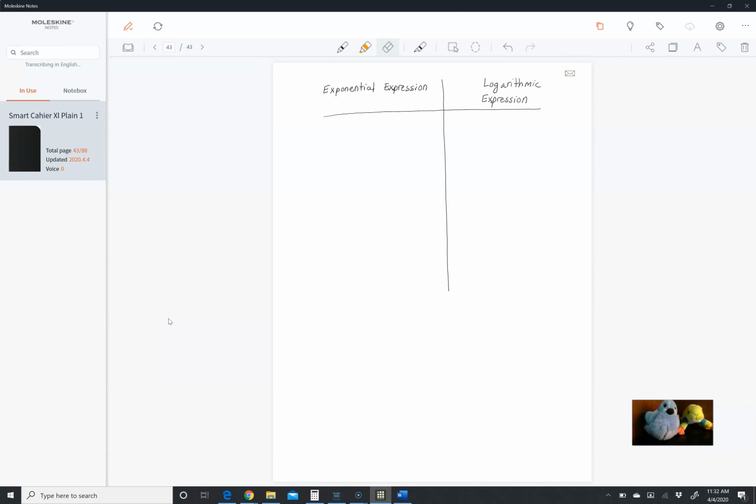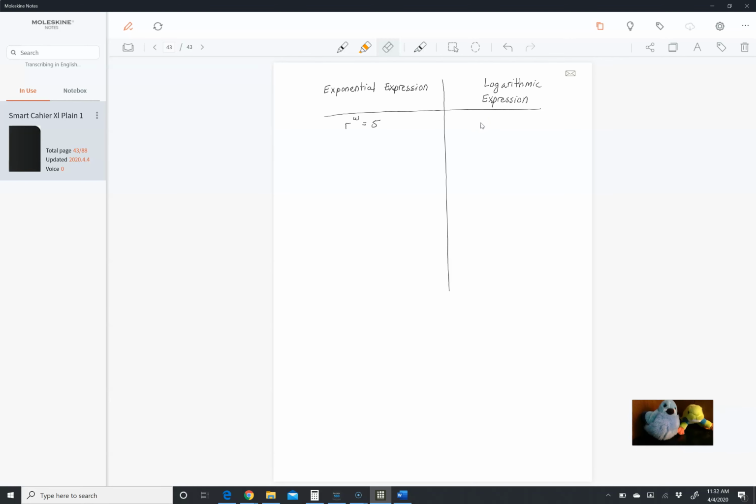So let's say that we have r to the w is equal to 5. So this is an exponential expression because it's in an exponential form. We can see that it's written as something to a power, so we would call it exponential, okay? So again, at this point, if you think that you can convert it to logarithmic, then pause the video, convert it, and then see if you were correct. Okay, so we want to put this as the logarithmic expression.